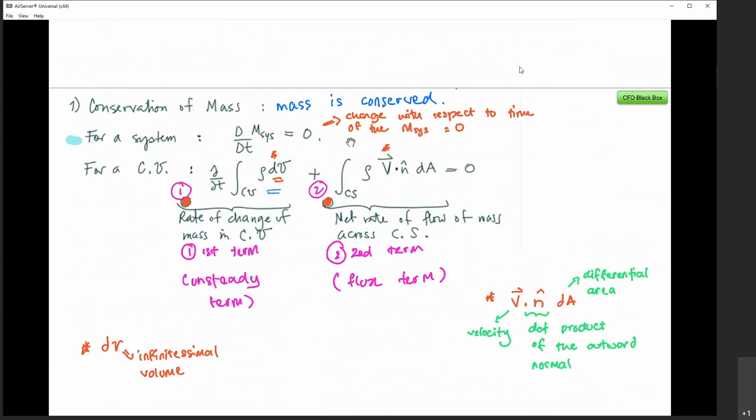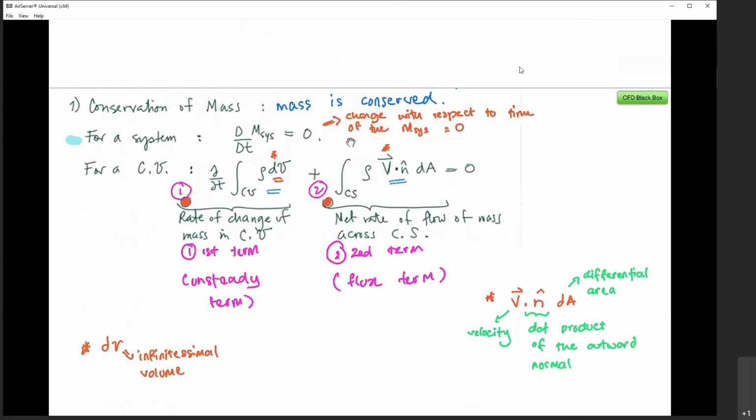V is the velocity, and n is the outward normal, so V dot n is the dot product.